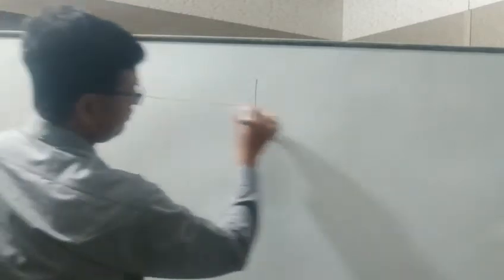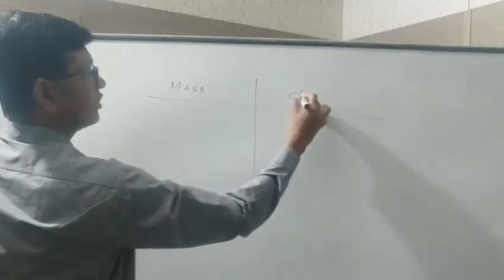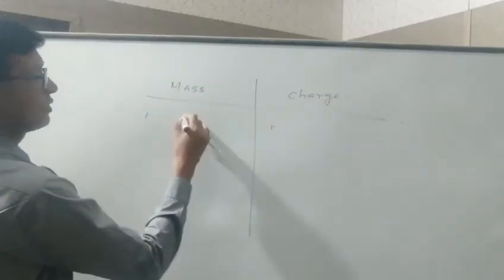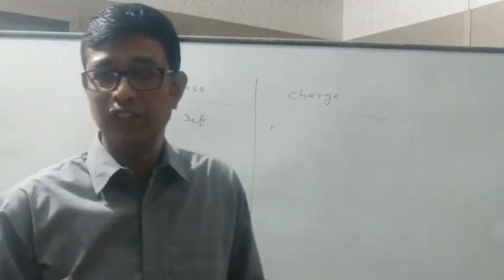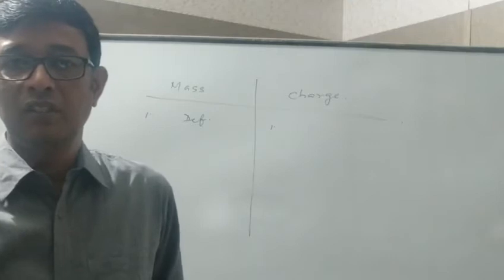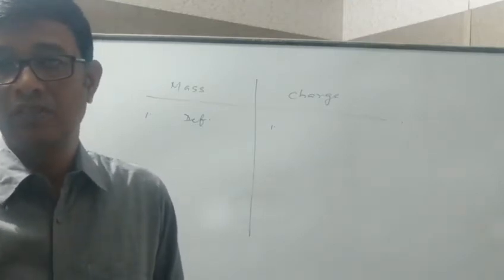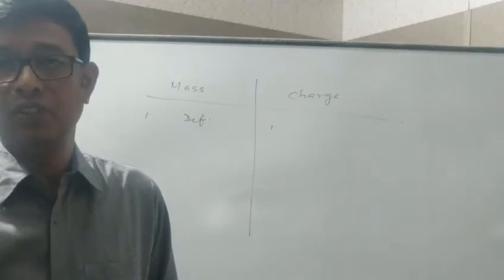So, mass and charge. First, definition wise. Mass, I am very sure you all are aware of it. It's the amount of matter contained in a body. Mass is the amount of matter contained in a body.